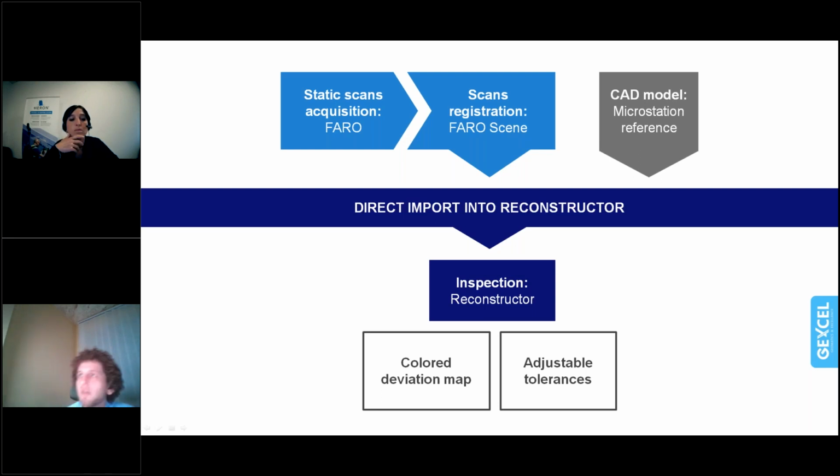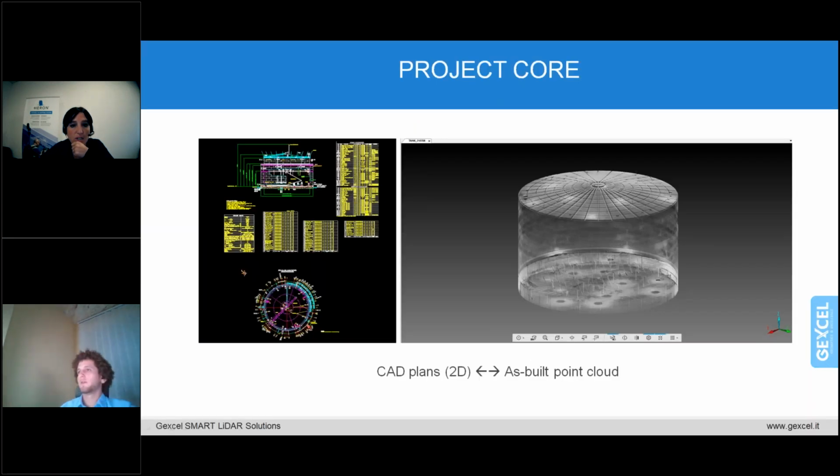It's called inspection, which works between point cloud and point cloud. But our main use is to compare a CAD model, the theoretical one, to the as-built point cloud. The theory we can always extract from the CAD plans. The as-built state is to be captured with instruments like laser scanner, UAV, and so on. So we can say that, of course, we have a lot of integration in terms of data and CAD.